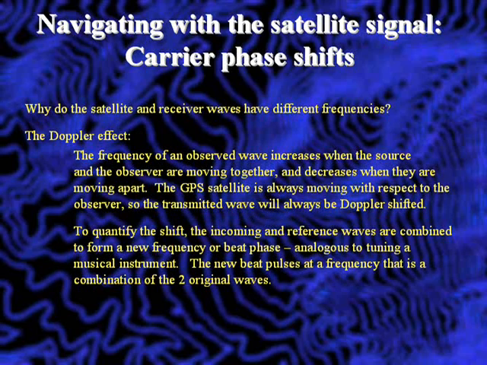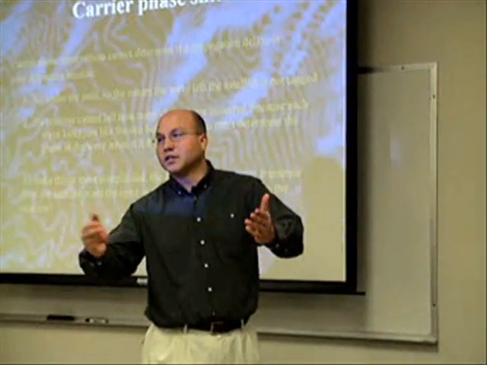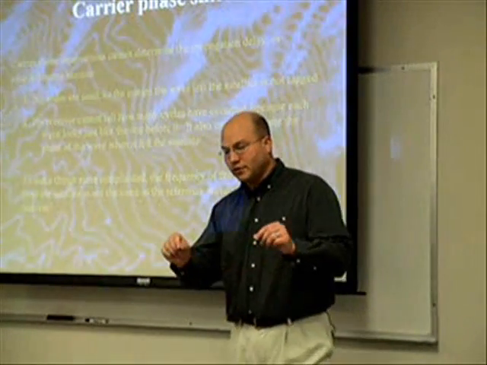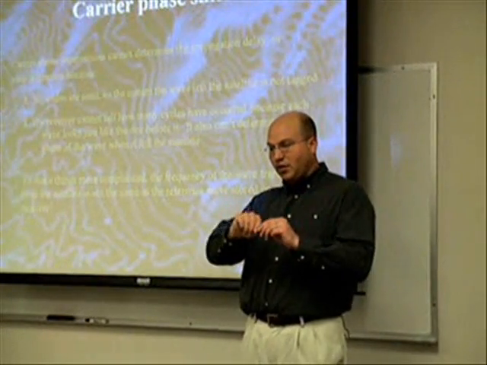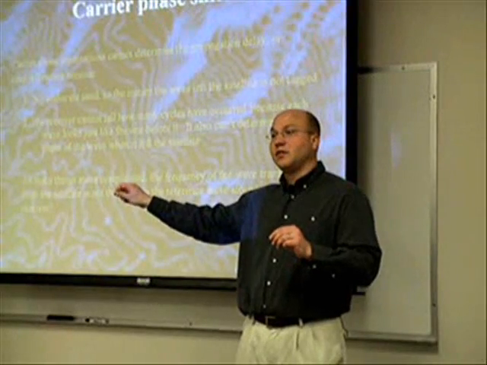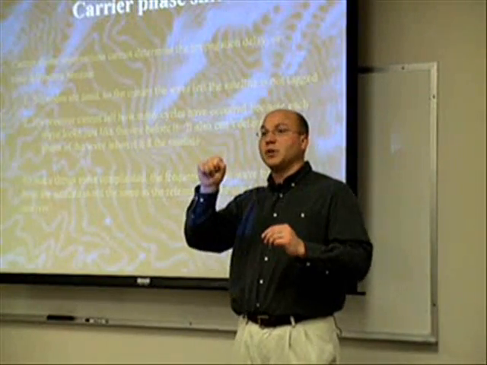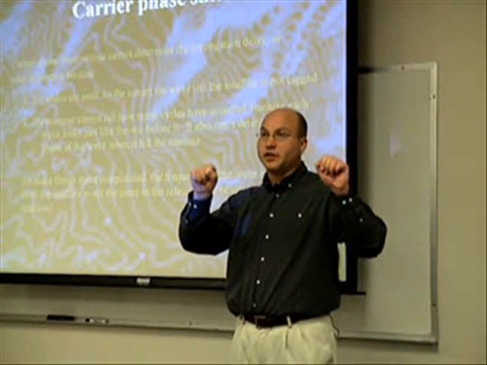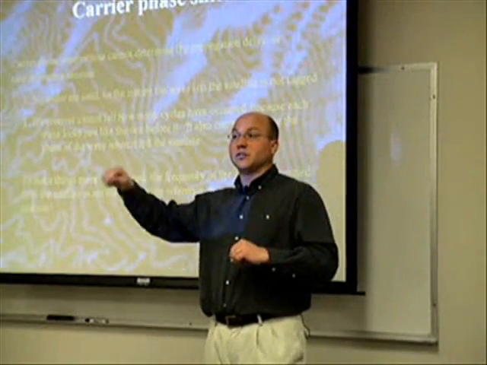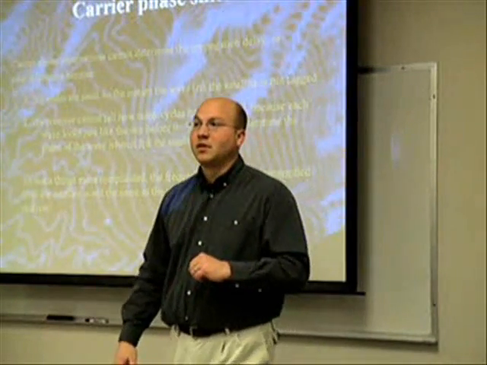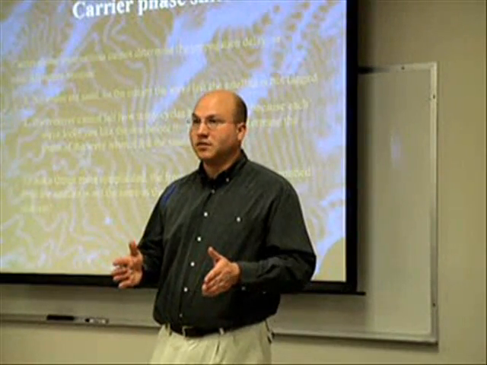So these are some of the challenges of the carrier phase matching or carrier phase shift in order to determine the accuracy. Or what are the challenges in determining the phase shift? Is it's always the same wave. There's no way to determine which wave you're matching with the one generated in the receiver, because it's always the same thing. Basically, it repeats itself every 19 centimeters.